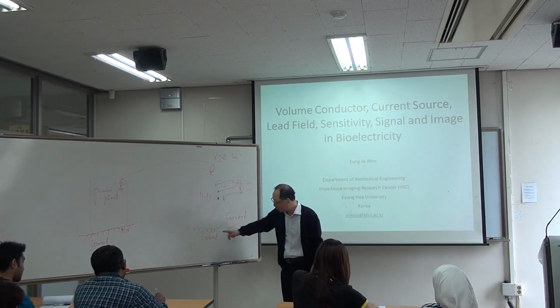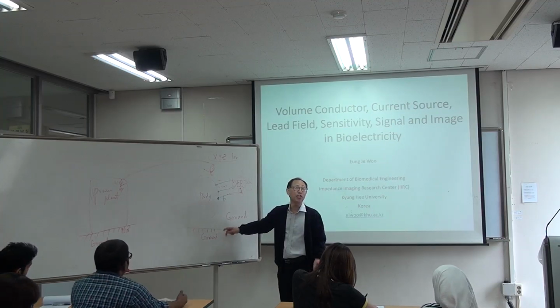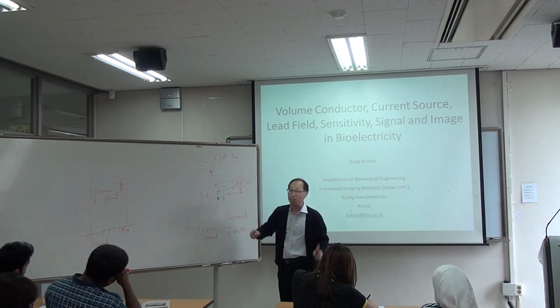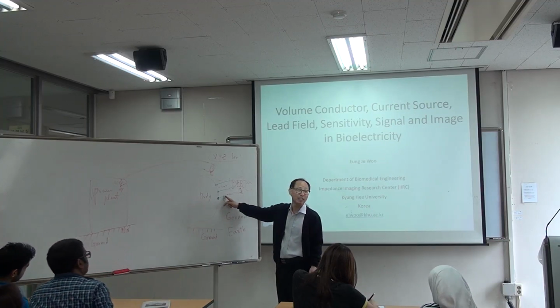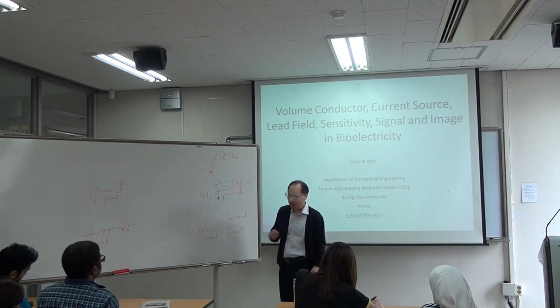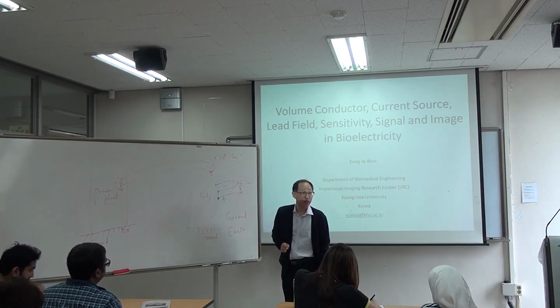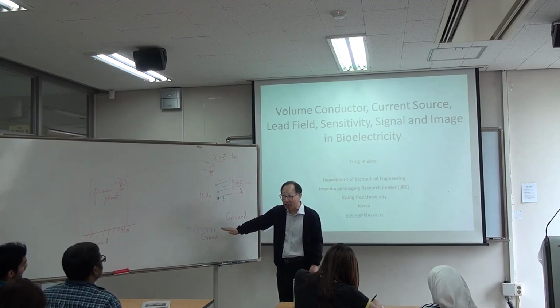This is the circuit voltage reference point. Real ground is this ground. But we usually call this ground. So don't be confused. Even though we call it ground, this means a circuit reference point. Real physical ground is really this ground.